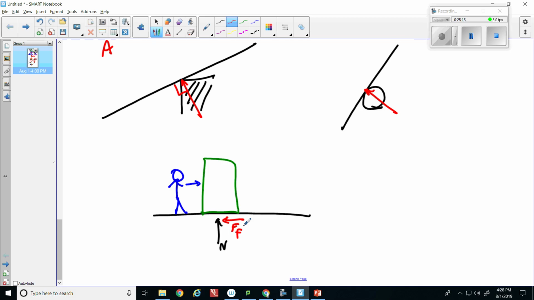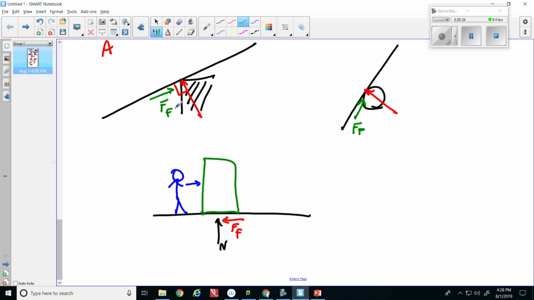I was drawing the normal force. I'm drawing the normal forces here, not the friction. I'm sorry. You're right. The friction forces are perpendicular to the normal force. Now I'm getting everybody confused. Thank you for clarifying that.